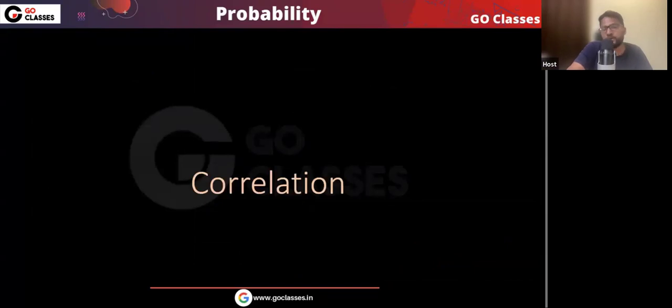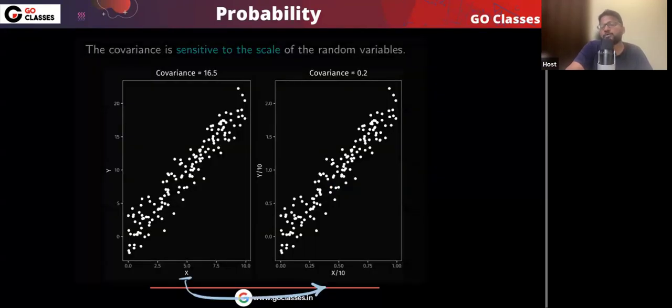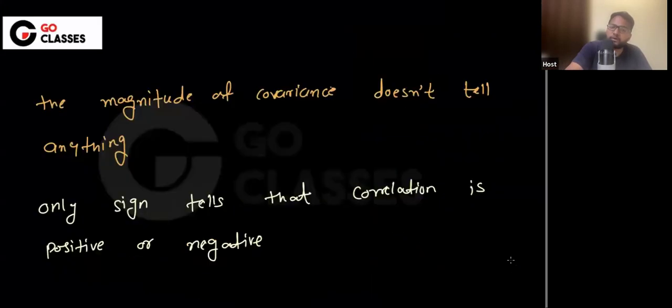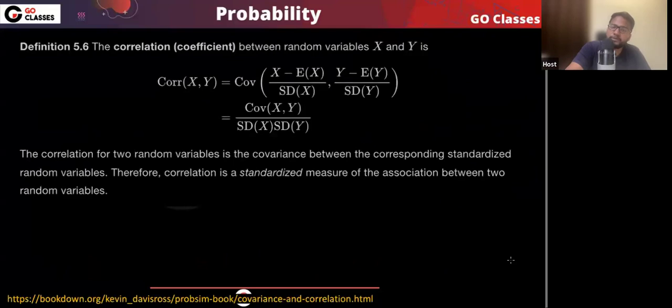So basically, why do we need correlation? Because the covariance value doesn't give you anything. This is not standardized. But if you make it standardized, which means if you take the corresponding standard random variable, then the correlation between x and y is nothing but the covariance between the corresponding standard random variables.